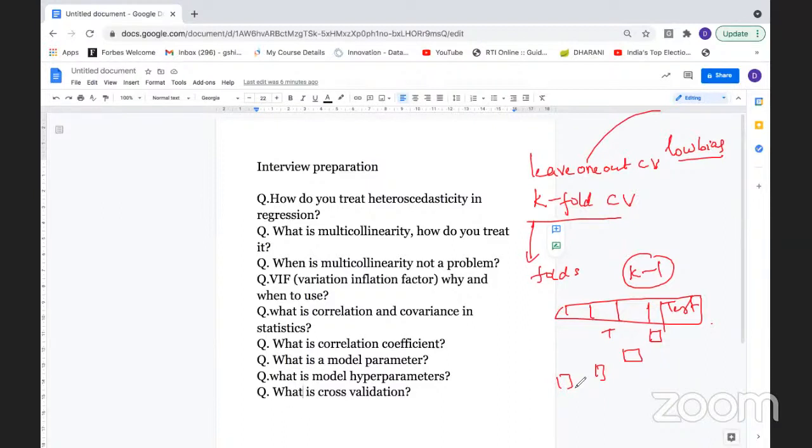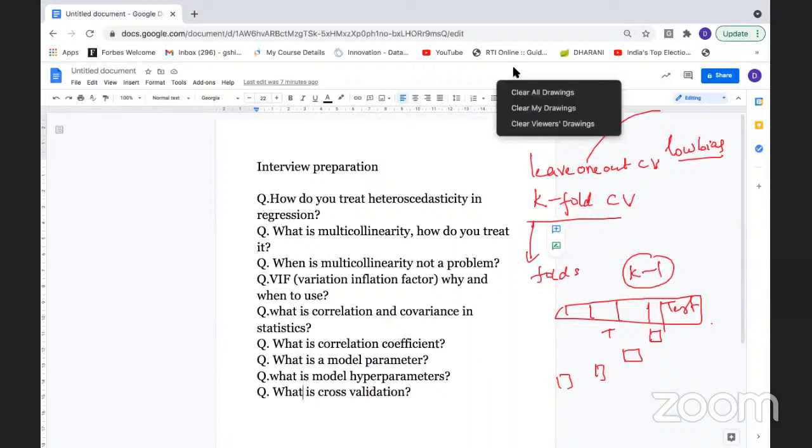So what will be the advantages here? Definitely your accuracy would increase, because each and every observation you are training on and also testing on. A more accurate estimate of your out of sample accuracy. This is the advantage of cross validation techniques.